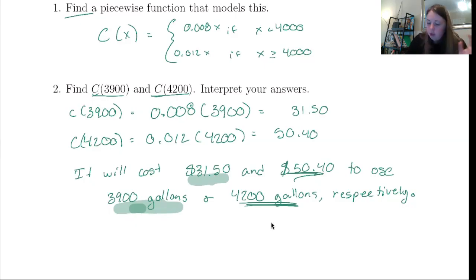You could also say it costs $31.50 to use 3,900 gallons, and it costs $50.40 to use 4,200 gallons. But respectively is just nice. You can also put a month because we're only in a month time.